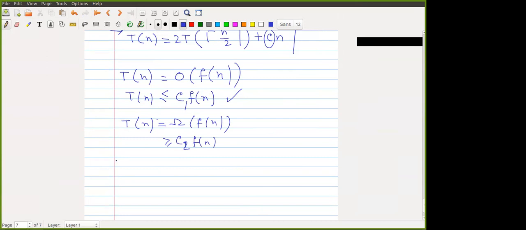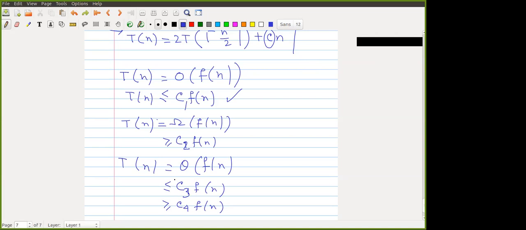And if we want to prove T of n is theta of f of n, we have to prove two cases: it is less than or equal to some c3 times f of n, and greater than or equal to some c4 times f of n.